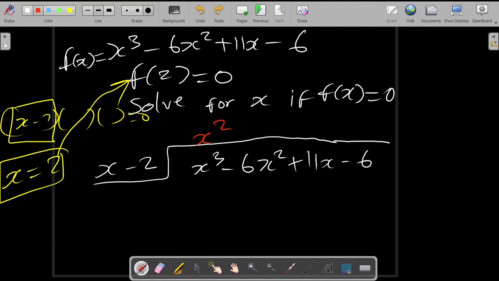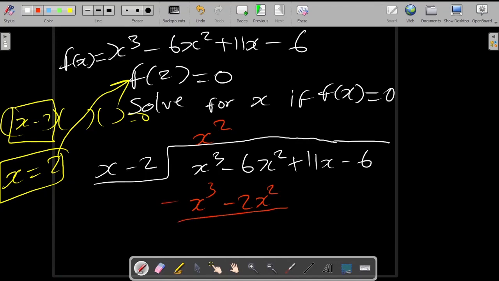Now we're going to multiply this whole expression by x squared. Even though we use just this 1x to divide into x cubed, we multiply everything by this x squared. And doing so, we'll have x cubed minus 2x squared.